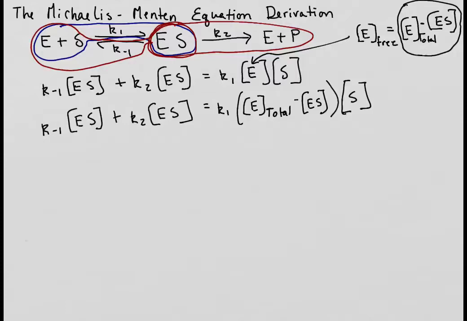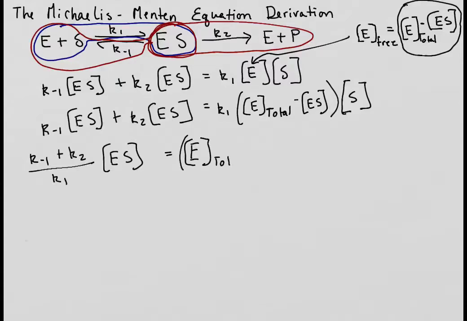We can get a compilation of terms that can be then expressed as a constant, K minus 1 plus K2 divided by, we'll just bring the K1 over here, and then we have enzyme substrate, enzyme total minus enzyme substrate times concentration of substrate.